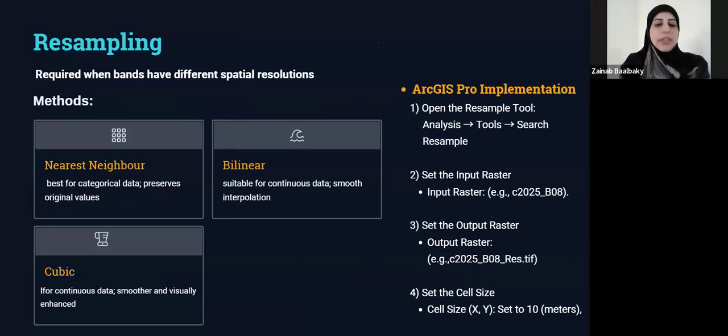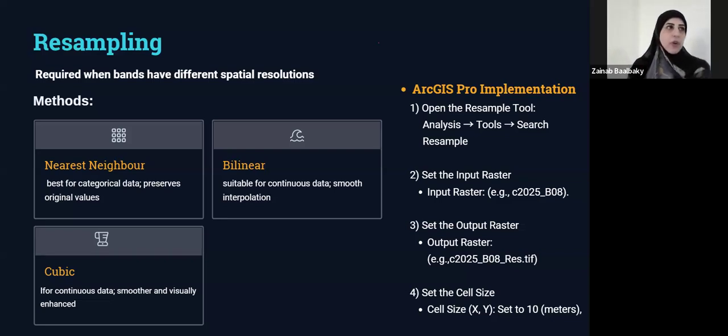Resampling is necessary when satellite bands have different spatial resolutions. For example, Sentinel bands 11 and 12 have a lower resolution than bands 2, 3, and 4. We resample to ensure all bands align and have the same cell size.